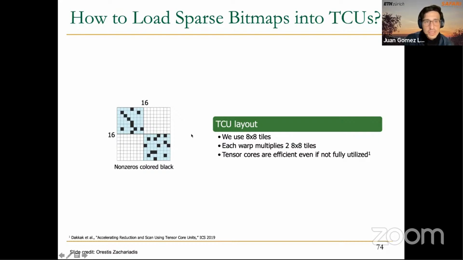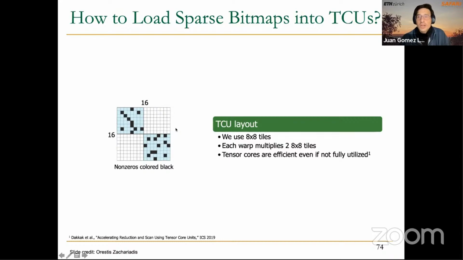And one other important observation here in the way that we map the computation onto the tensor core units is that we are not using the whole tile of the tensor core unit. We leave this part here empty and we leave this part here empty. We cannot place other tiles here for computation because otherwise they would also participate in the multiplication of this tile here and they would produce wrong results. So that's one issue that we have to solve by using only two of the four possible 8 by 8 tiles that we may have in one of the 16 by 16 tiles of the tensor core units.